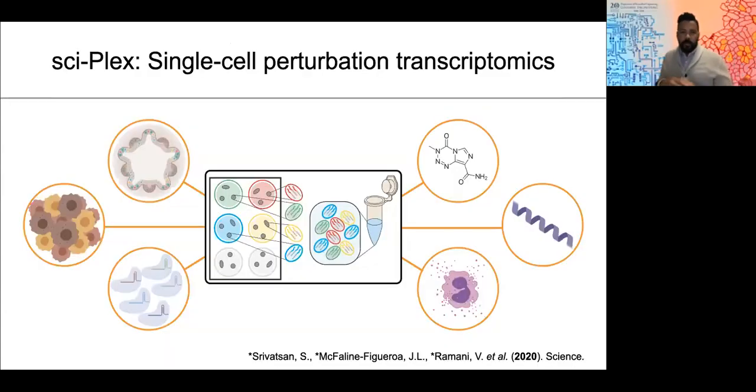Now, I want to highlight that the single-cell resolution of our approach really shines in the ability to screen heterogeneous systems. What I've shown you up until now is taking a quote-unquote homogeneous group of cells and looking for heterogeneity in response. But the resolution, of course, allows us to start with a heterogeneous system.